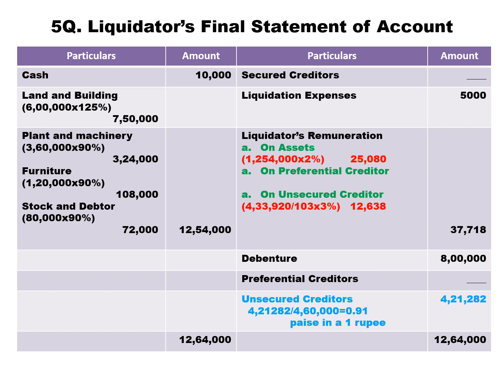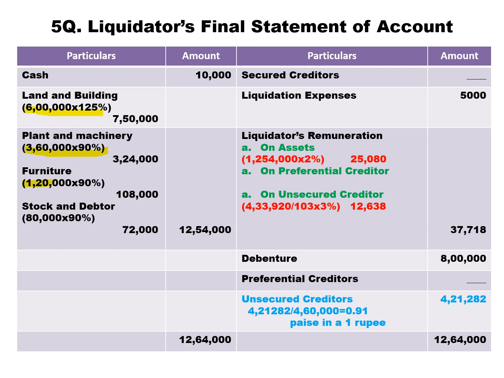Therefore, the 4 assets realized will be 12 lakh 54,000. So we have cash 10,000, then land and building, plant and machinery, furniture, stock and debtors. All these assets are being realized.